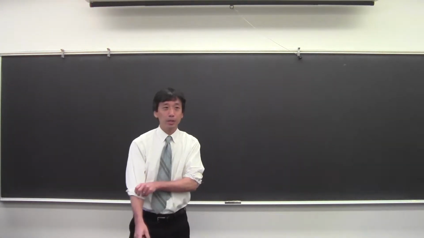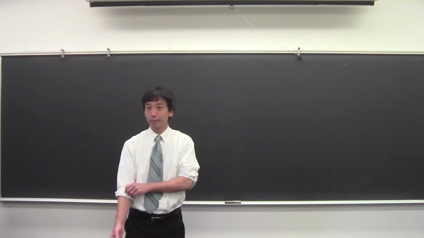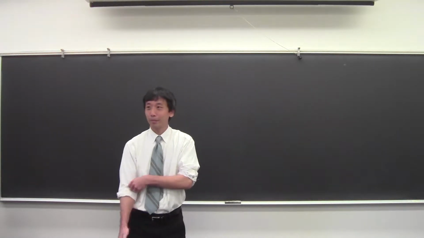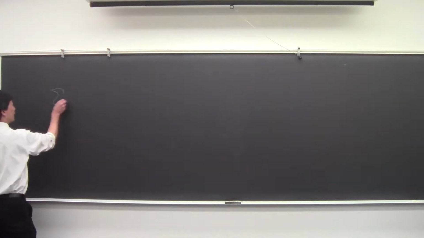Can somebody tell me, does anybody remember what we were doing? Let me write something on the board. If you can tell me what this means, then you remember what we're doing.